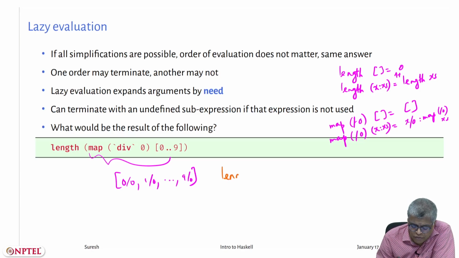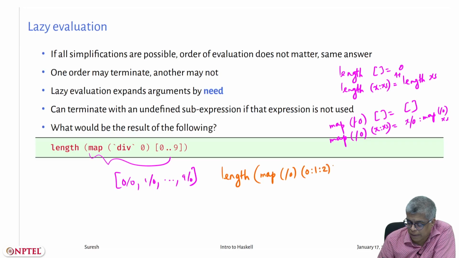So, length of, let us take an example of a list with 3 elements: 0, 1, 2. Length of map by 0 of 0, 1, 2. To compute length you need your argument to be of the form something followed by something else.